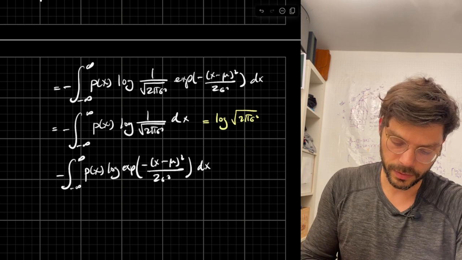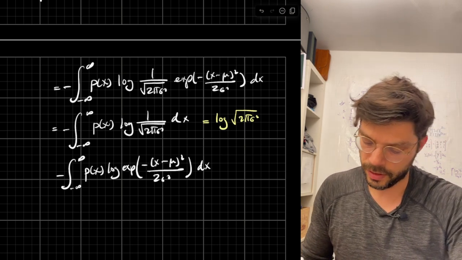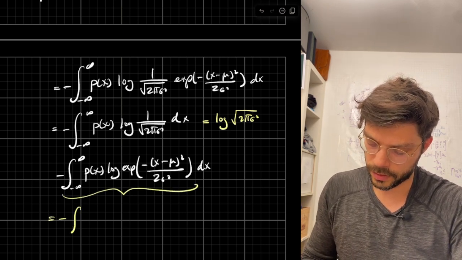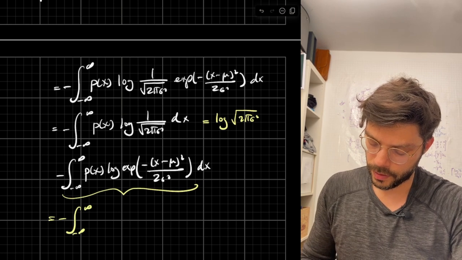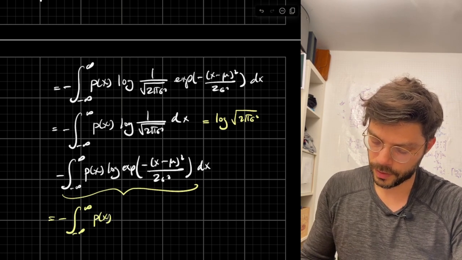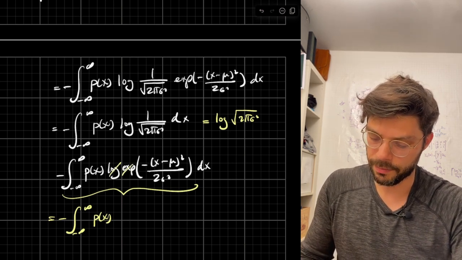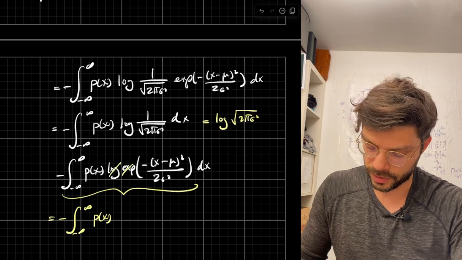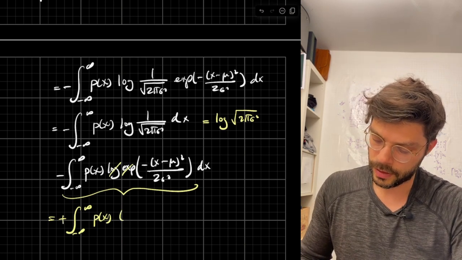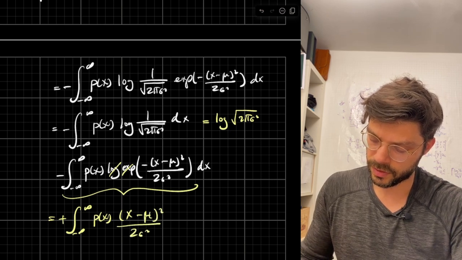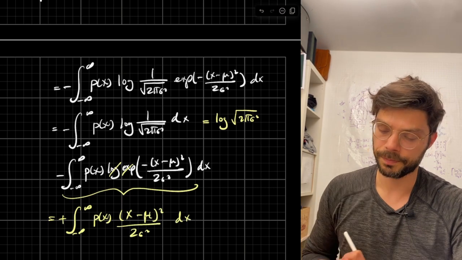This next bit is going to equal minus p of x. So the log and the exponential cancel out, and that minus and the other minus cancel out, so we make it a plus, x minus mu squared over 2 sigma squared dx.